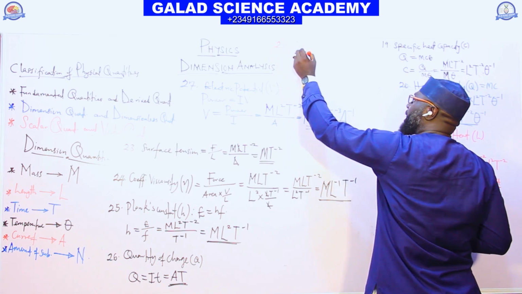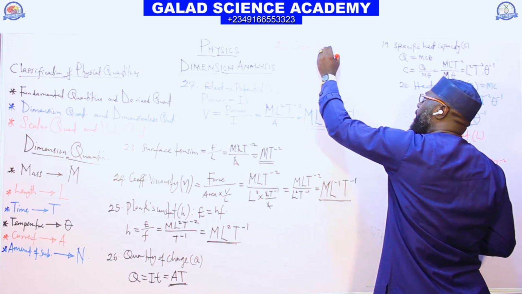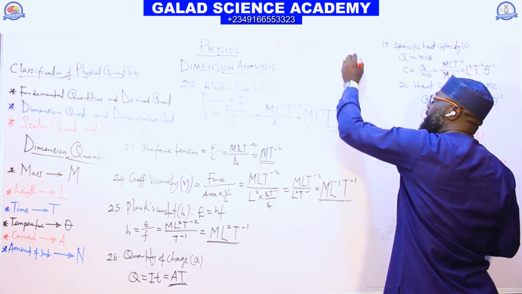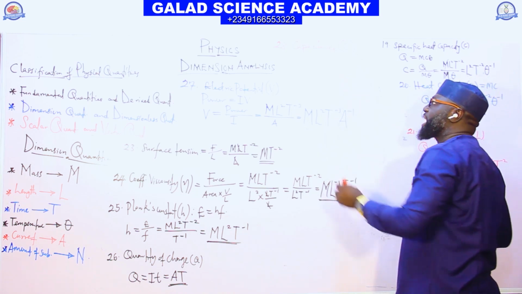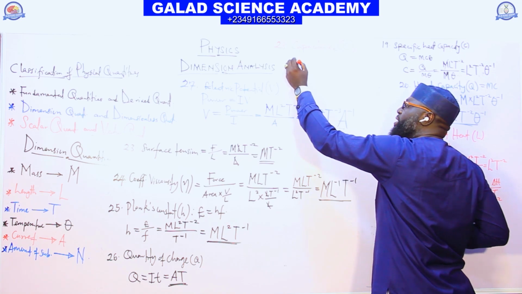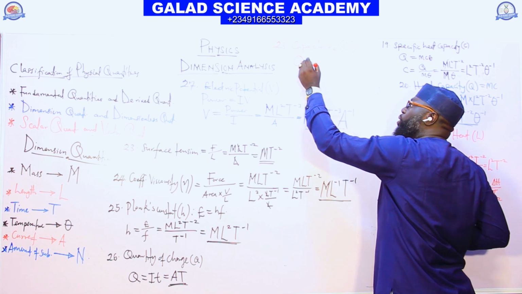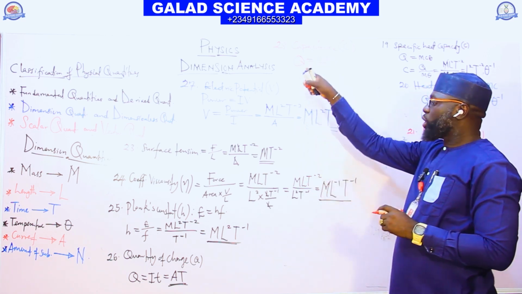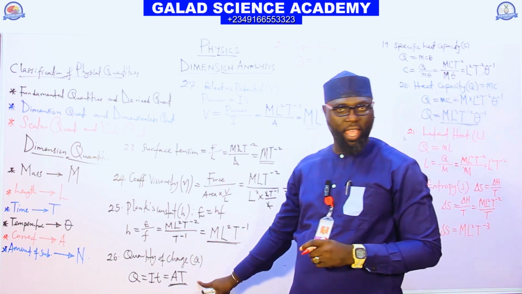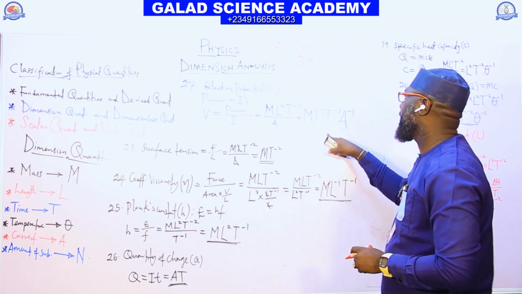Number 28: dimension for capacitance, C. The capacitance can be measured from Q equal to CV. This is the quantity of charge, and this V is electric potential here.